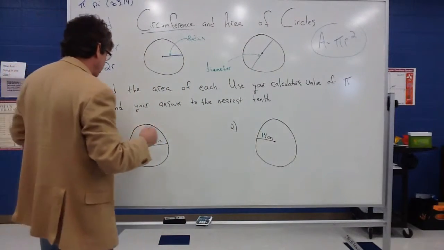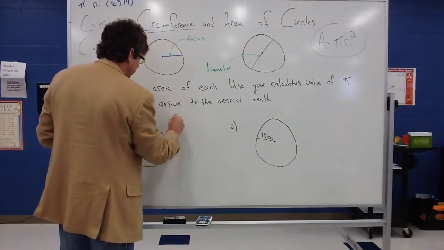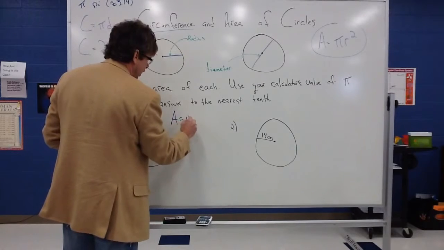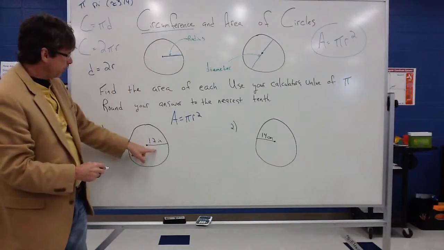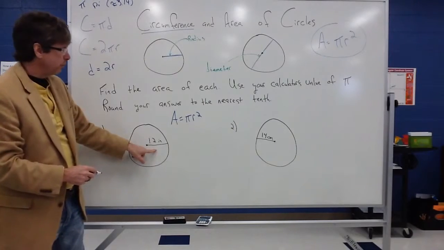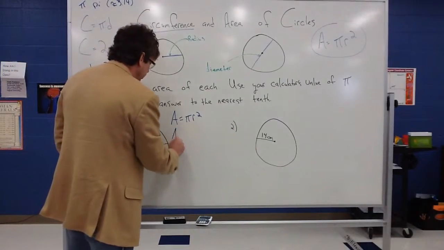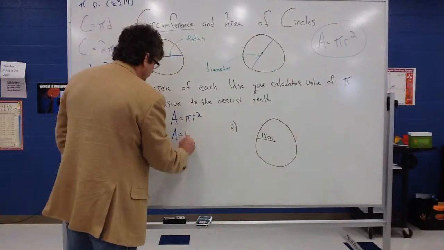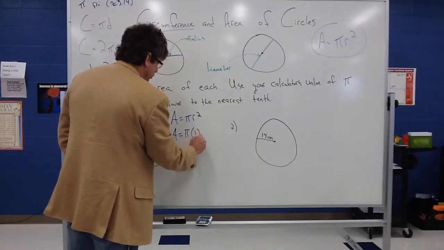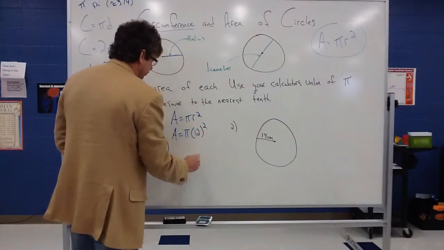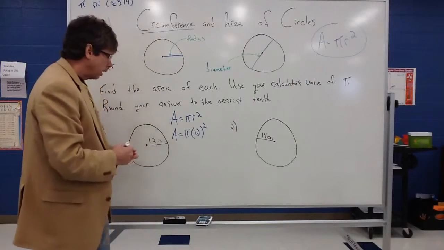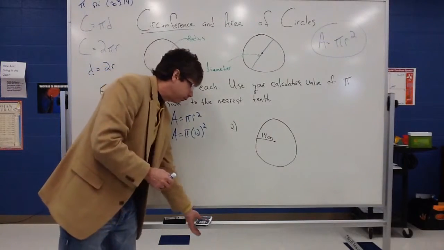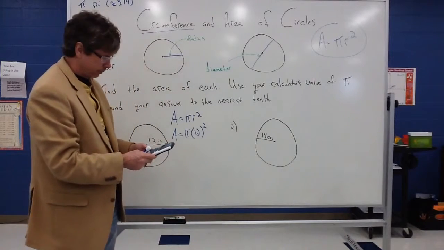So if I want to find the area of a circle, we write the formula A is equal to pi times the radius squared. And notice that in this problem they do give me the radius of 12 inches. So the area is going to equal pi times 12 squared. Now at this point, I can stick this into the calculator.